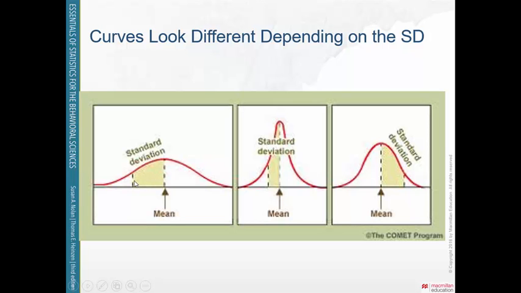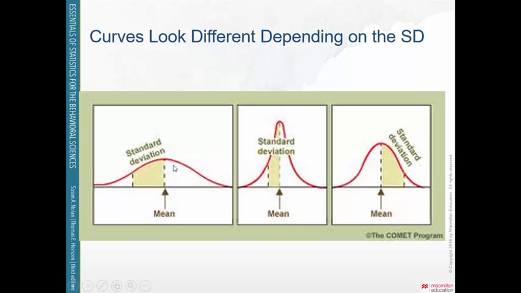And when you have a large standard deviation, you have this short and wide curve. That's showing us that we've got a lot of data points, but they're all spread out. They're all over the place. We don't have them clustered in one main area.